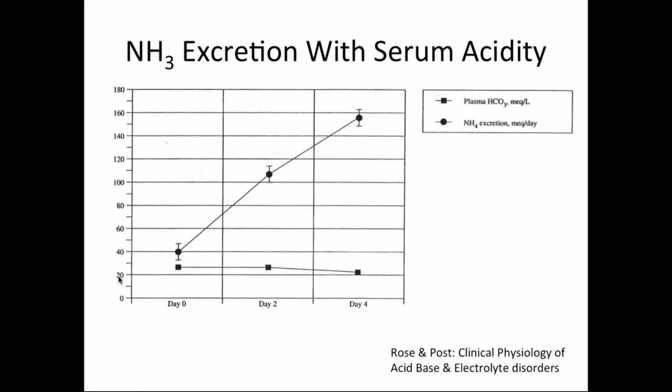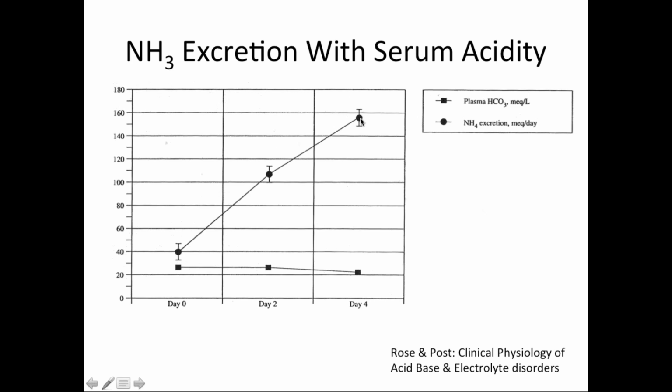This slide has the plasma bicarb concentration in the boxes and the ammonia excretion in the circles. And this is a study in which volunteers increased their acid intake. What ended up happening is, with the increased acid intake, their ammonia excretion increased drastically from 40 millimoles per day to 160 millimoles per day.